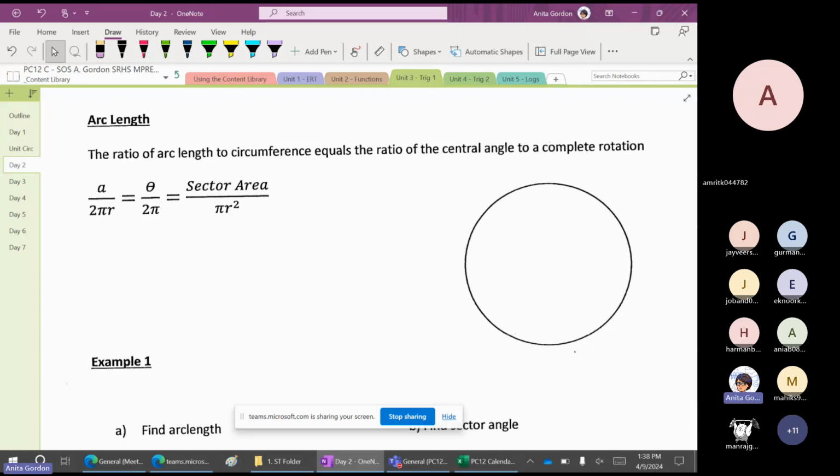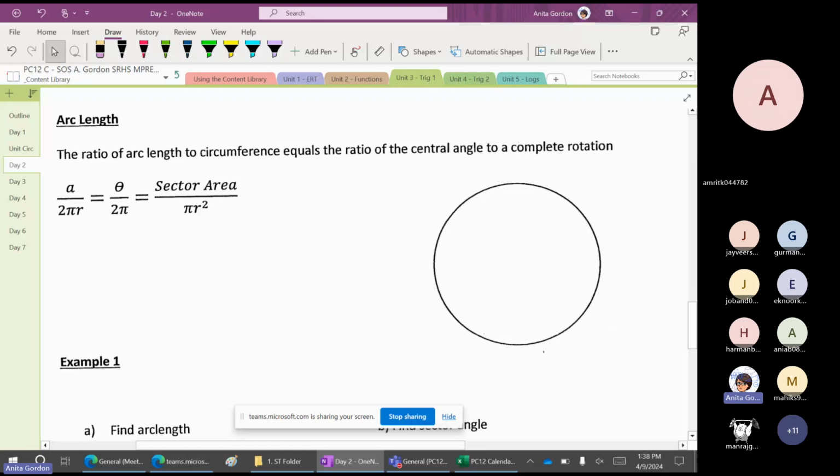And the way that we're going to solve this is by recognizing that a part of the circle and its ratio to the whole is going to be equivalent to whether we're measuring the angle, a length, or the area. The piece compared to the whole is going to give us the same ratio whether it is area, circumference, or angle.